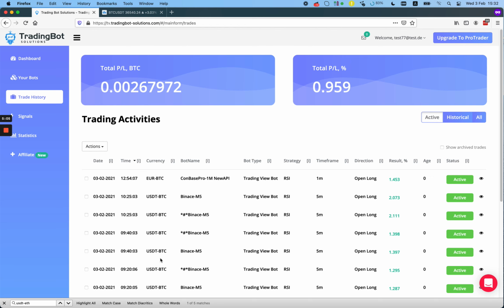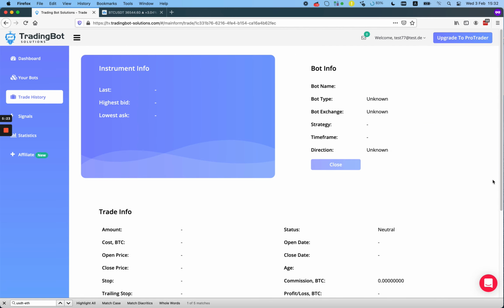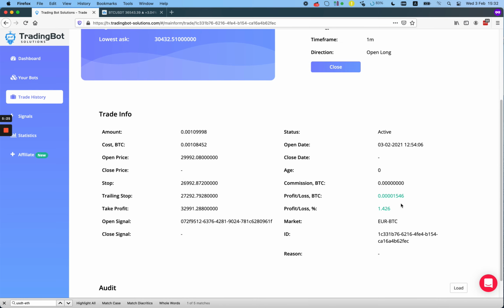You see the currency, the trading pair basically, you see the bot name, you see the type of bot, you see the strategy, you see the time frame, and what it is, open long or open short or close or whatever. And then you see active, and always remember you can click on the I symbol all the time and you will have all the trades.